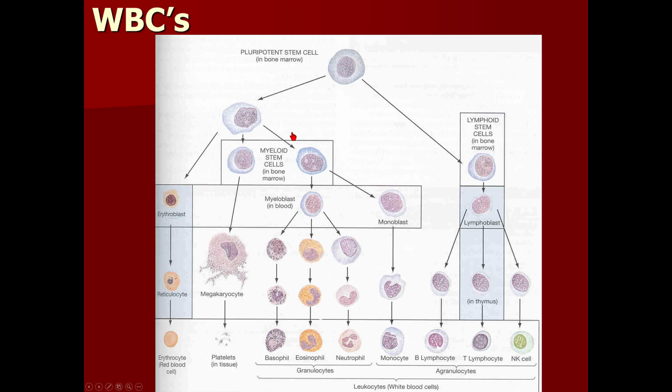So, like AML, acute myeloid leukemia, or CML, chronic myeloid leukemia, occur when mutations happen in maybe even just one of these myeloid stem cells.